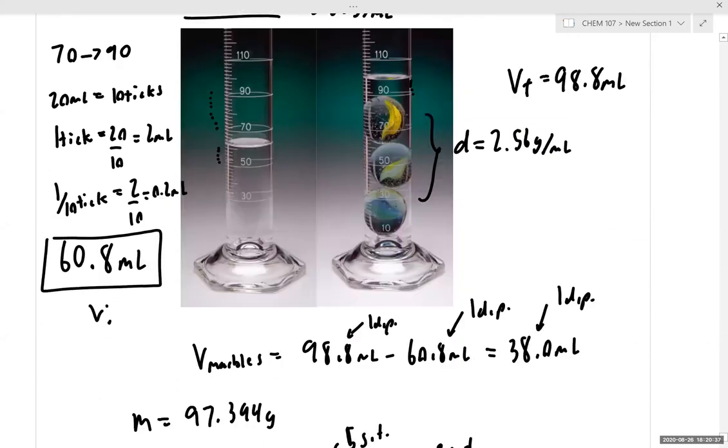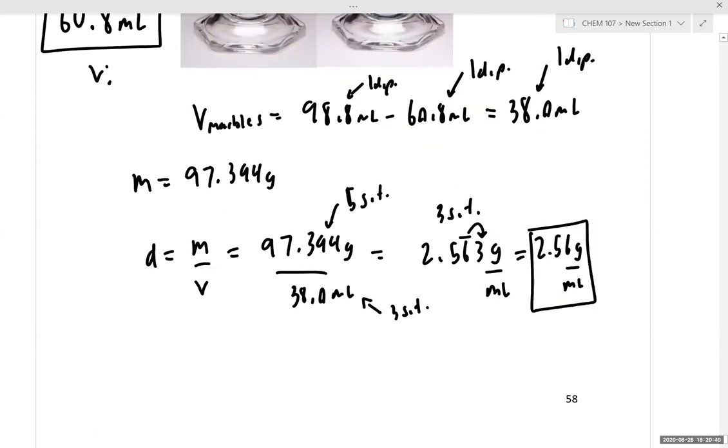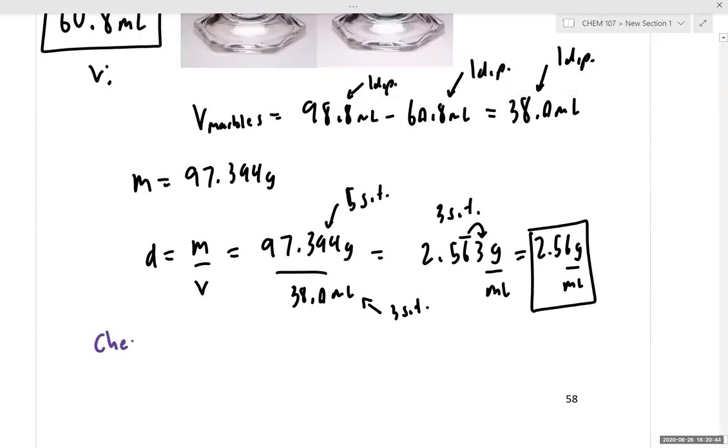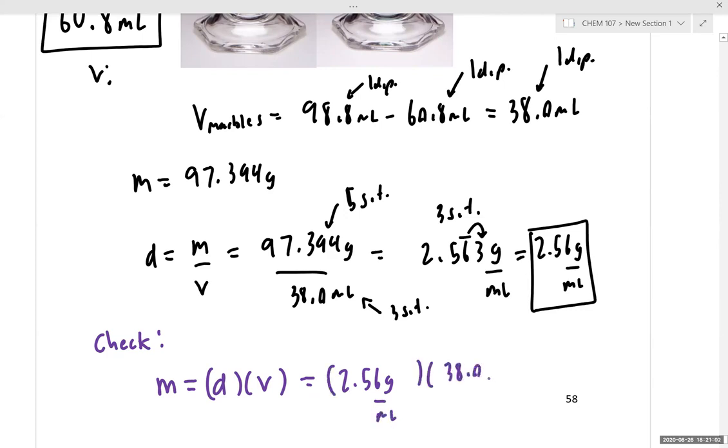Now, one thing I do want to show you is a way to check your work. How do we check our work? One way is to calculate the mass from the density and the volume. So mass is equal to density times volume. We can take the density that we've calculated, multiply it by our volume, and this allows us to check that we've done everything correctly.